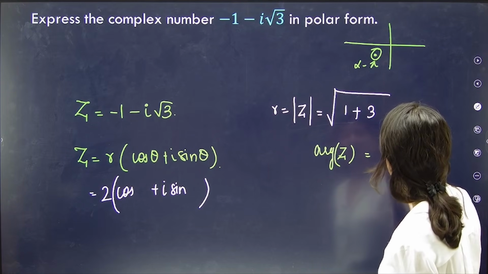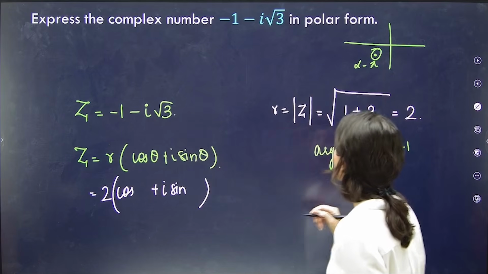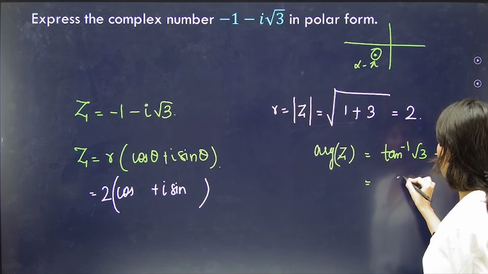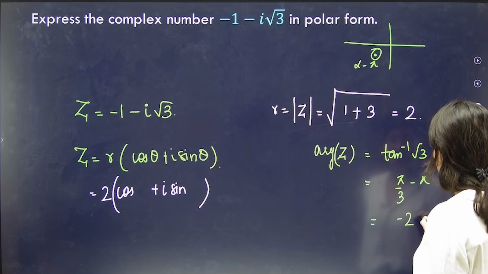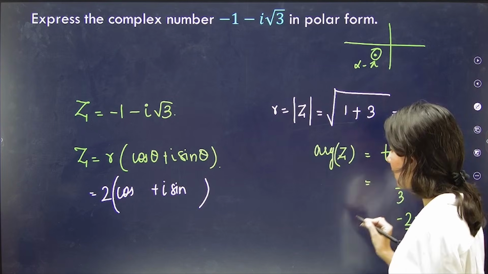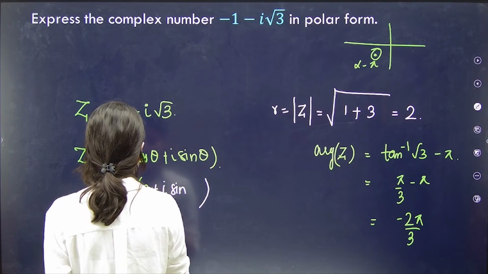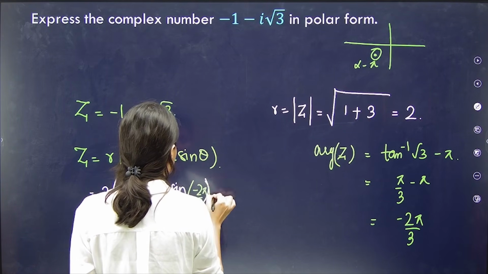So alpha is what? Tan inverse root 3 by 1, minus pi. So this is pi by 3 minus pi. So this is going to be minus 2 pi by 3. This is your argument, minus 2 pi by 3.